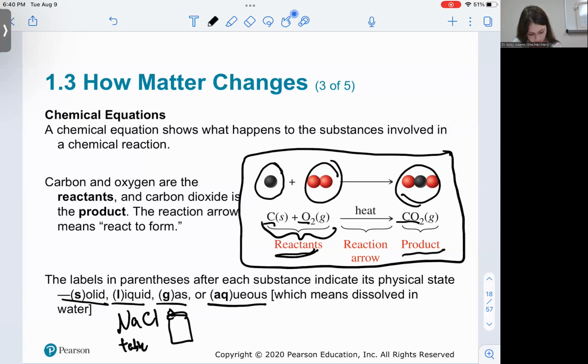If you write it with S, the solid form. If we want to say salt water, dissolved in water, NaCl, AQ, aqueous, right?